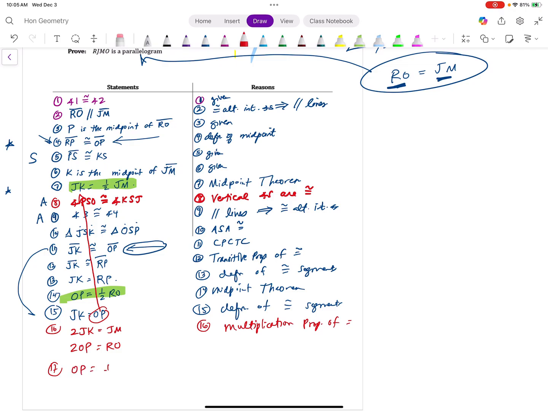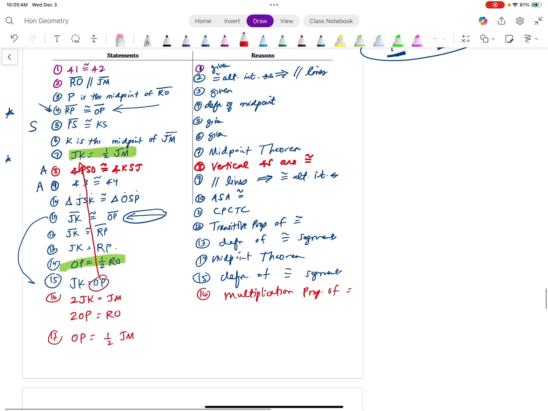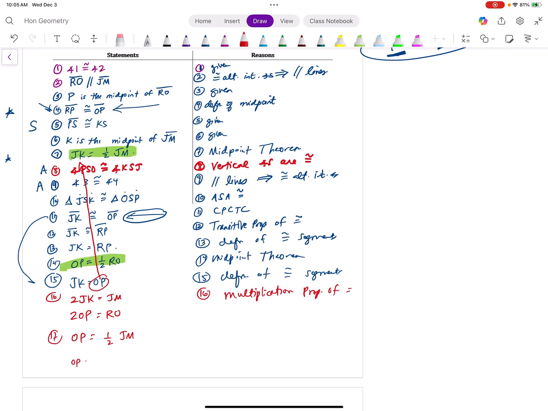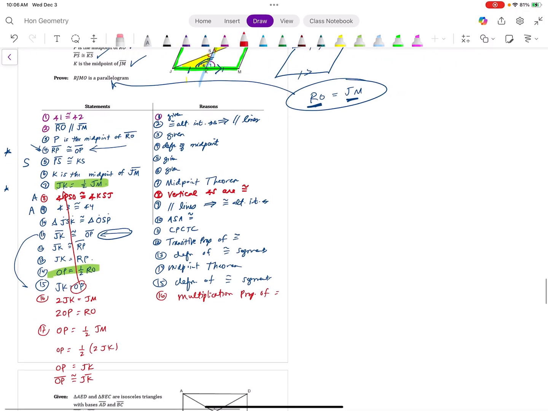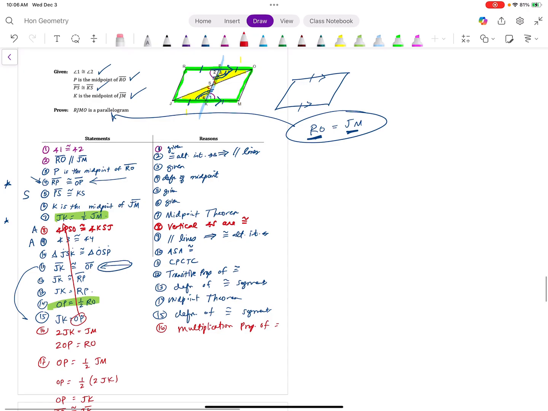OP is half of JM. I'm just going to write this. So OP is half of JM is twice JK. So OP, half of 2 is 1, is JK, which makes OP congruent to JK. And that's what I wanted, wasn't it? No. I wanted RO and JM. Ah! OP.